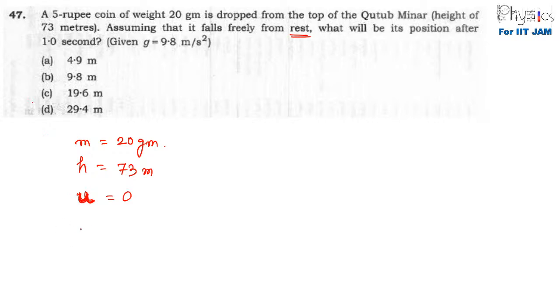And as it falls freely, that means g is the total acceleration, that is 9.8 meter per second square, right? We don't know v, it is not known.